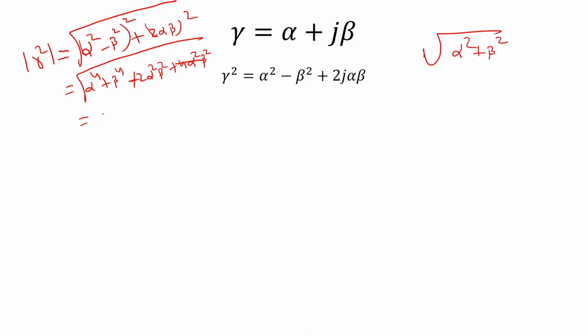Therefore, this is equal to root over (alpha square plus beta square) whole square. So the magnitude of gamma square is alpha square plus beta square, which is the square of mod gamma, because mod gamma is root of alpha square plus beta square.